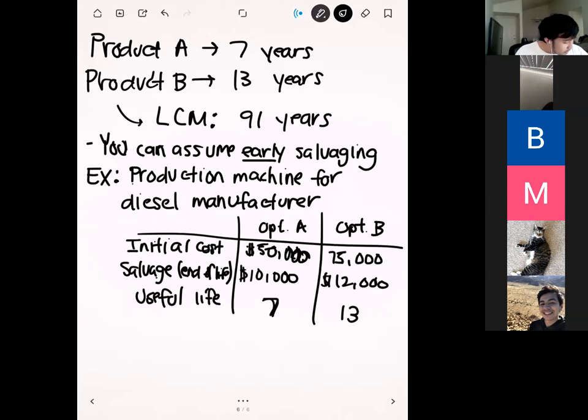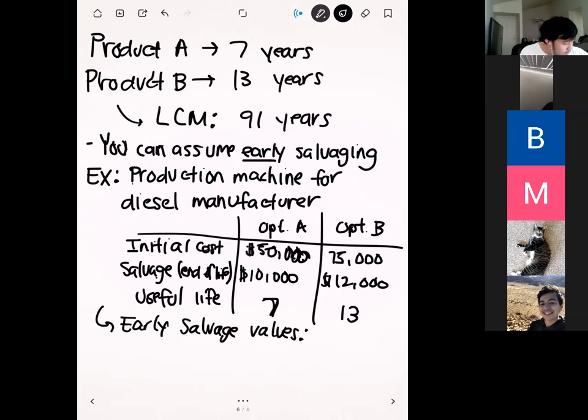So to help you out with this analysis, you contact the vendors that are giving you these machines, and you say, I only anticipate us using these machines for 10 years, so can you give me an early salvage value? And so the vendors get back to you and they say, if you sell these machines at this date, this is what we estimate you can sell them for.